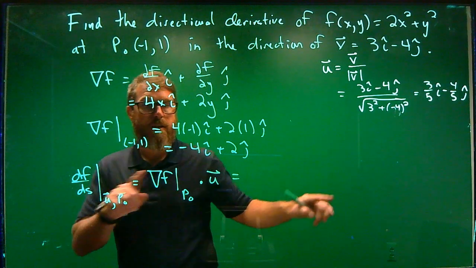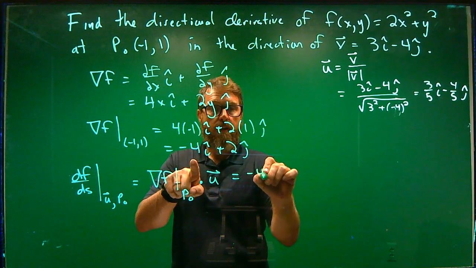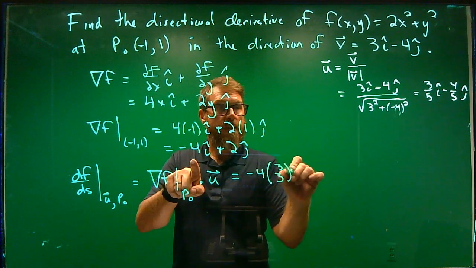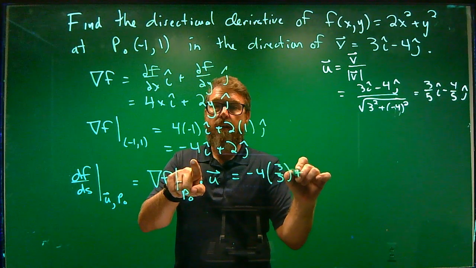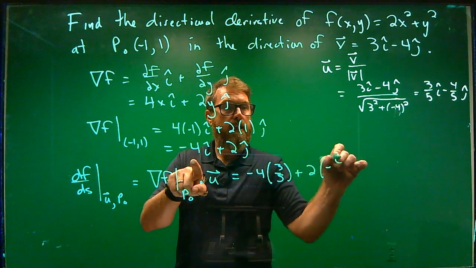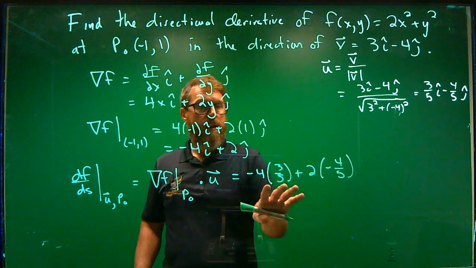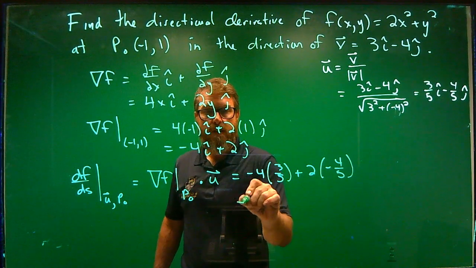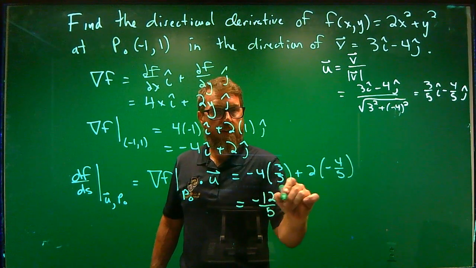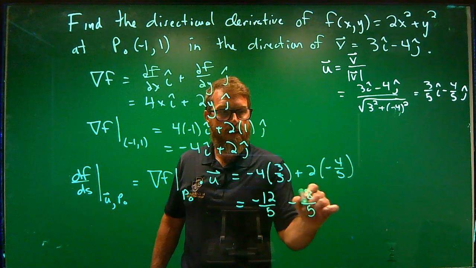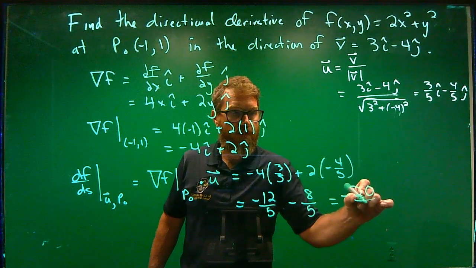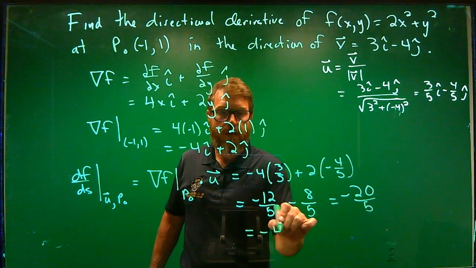So this is going to be negative 4 times 3/5 plus 2 times negative 4/5. So I get minus 12 fifths, minus 8 fifths. So this is minus 20 fifths, which is equal to negative 4.